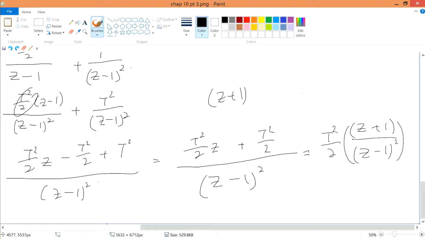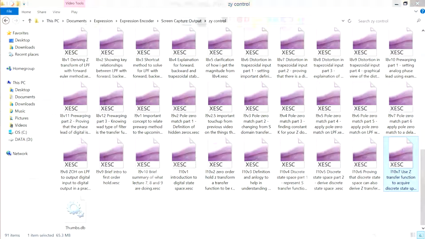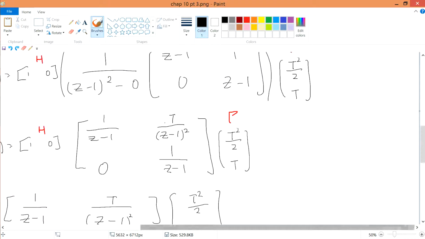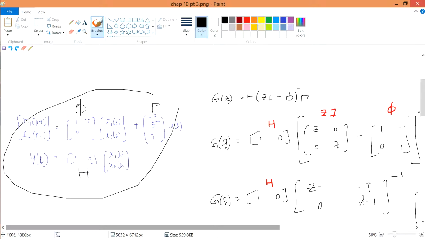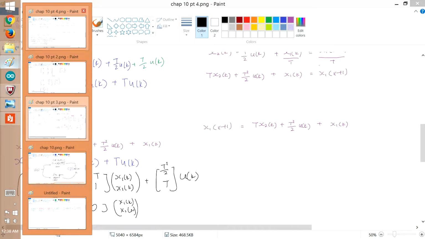So in our recent ones, the previous video and our current video right now, we actually derive this thing all the way back, all the way back to your state space. Doable? So we go all the way back now. And therefore this is what we are doing all along, in case you don't know what I'm doing.